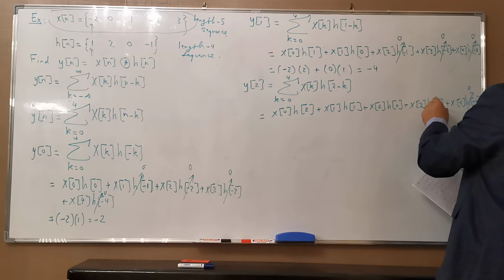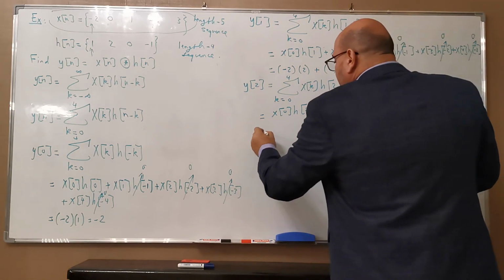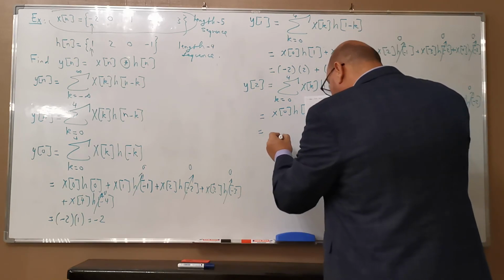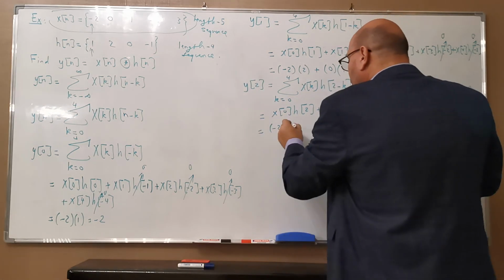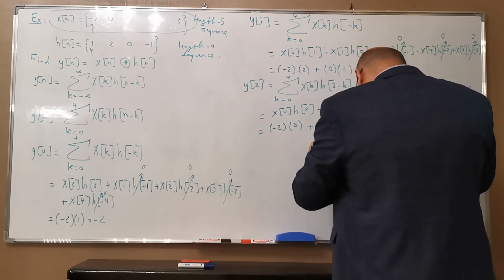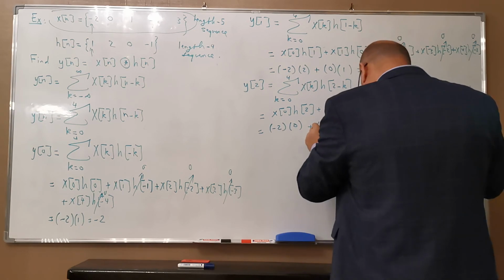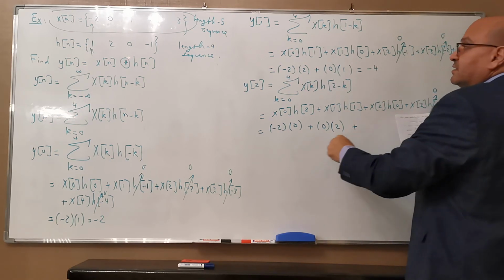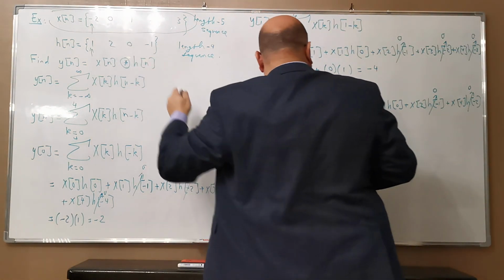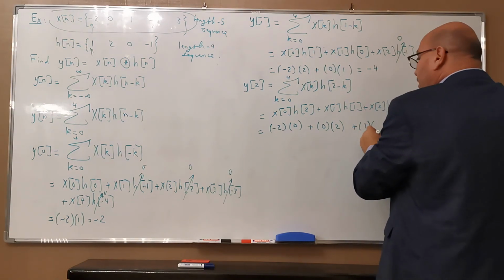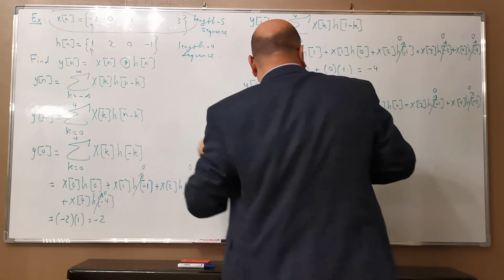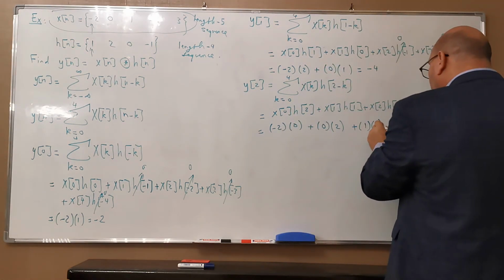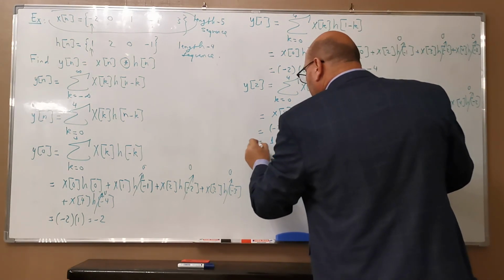Those two are zeros. And you have x of 0, which is equal to minus 2, h of 2 is equal to 0, plus x of 1 is equal to 0 times 2, plus the third one is x of 2, 0, 1, 2, it's 1, times h of 0, which is 1, and we end up with y of 2 is equal to 1.